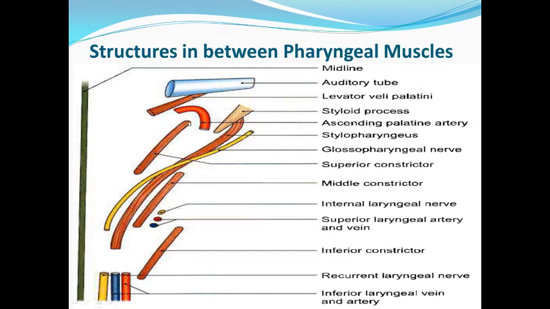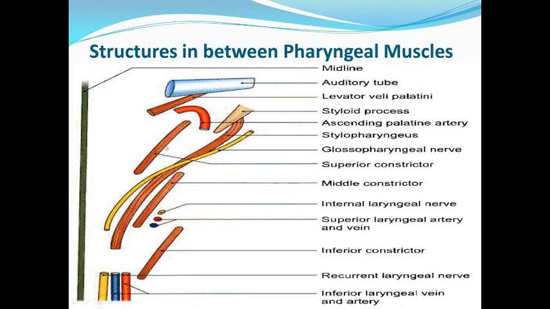So between the upper border of the superior constrictor and the base of the skull there is a large gap called the sinus of Morgagni, in which three structures reside: the auditory tube, the levator veli palatini, and the ascending palatine artery.